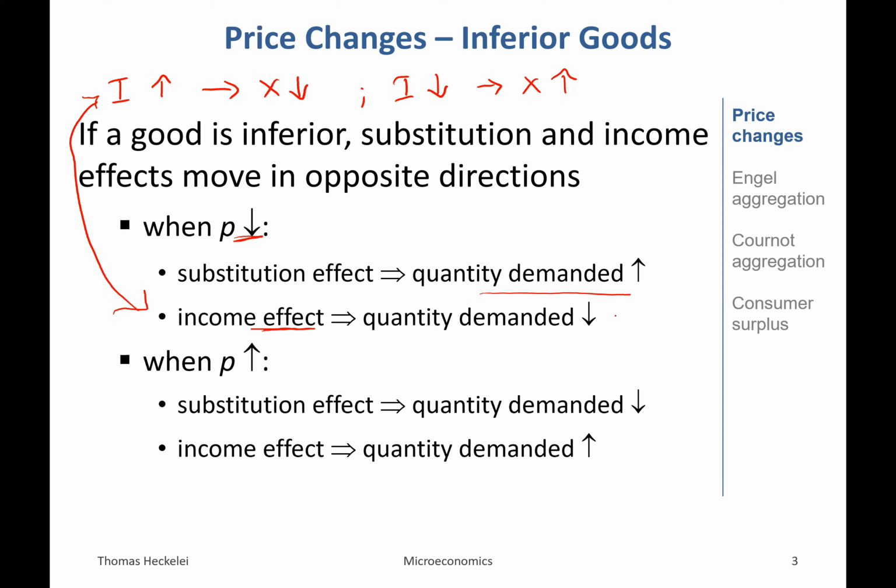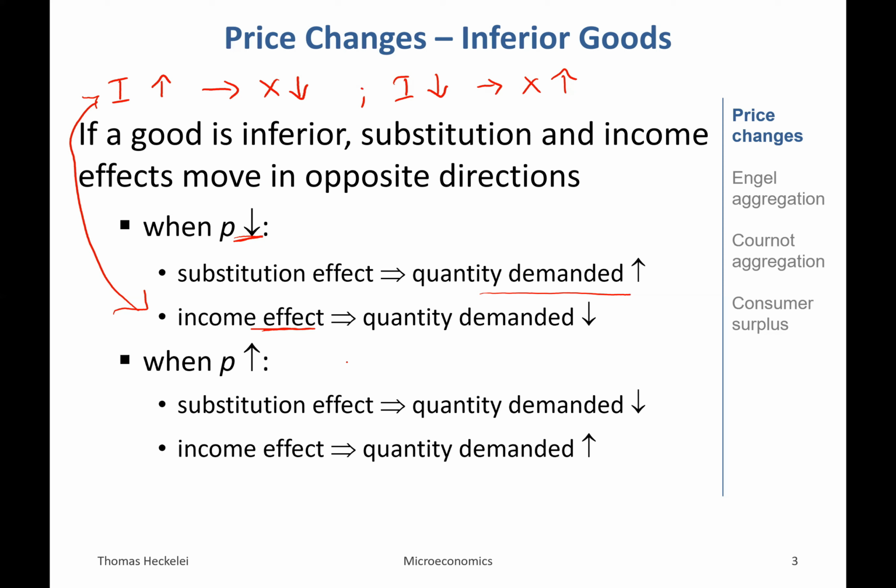And it's not possible to say at the first place whether a price decrease will cause the total quantity demanded, like the sum of substitution and income effect, to be negative or positive. It's not like the normal good case. And on the other hand, when the price increases, you have the reverse, right?